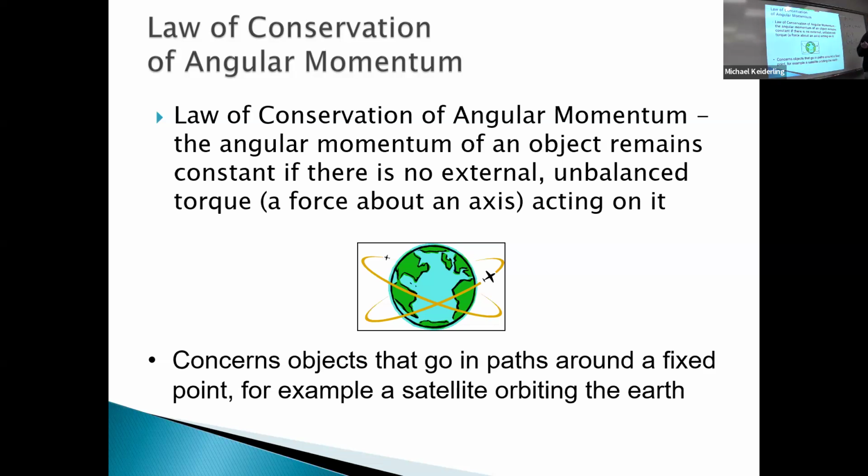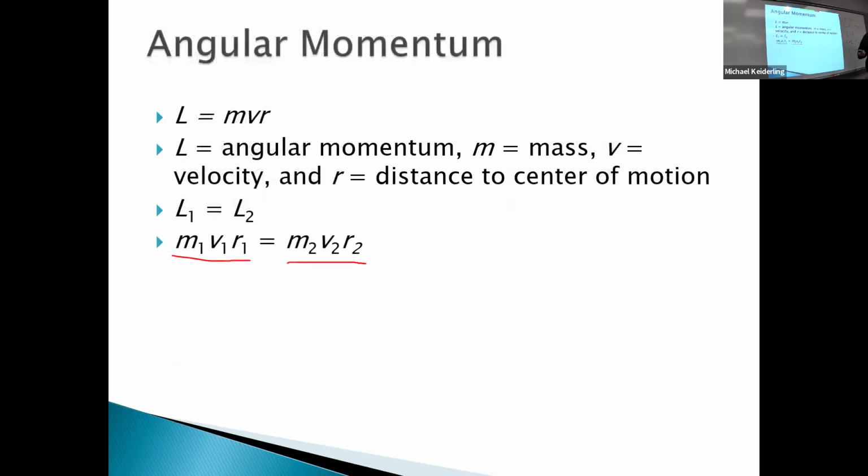Now, the interesting thing about angular momentum, this concerns objects that go in paths around a big fixed point, like a satellite around the Earth. That's the kind of questions we'll have in this, because they're a little easier to work out. But it also covers anything that is spinning. So angular momentum ends up being mass times velocity times radius, if you have an object spinning around a planet.